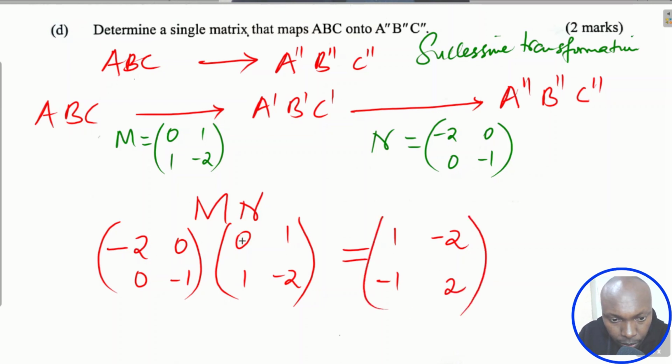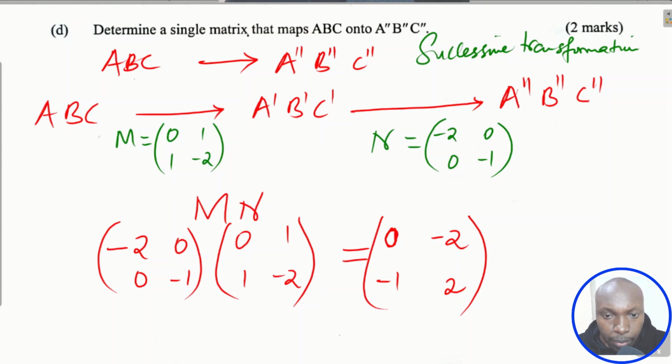We have 0, 0, then negative 2, 0. And the second row is 0 negative 1 and 0 2. So that is okay.